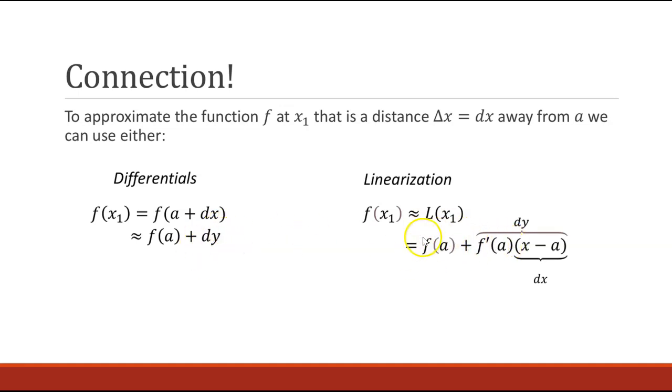Well, over here we have f of a plus this part here, which is technically dy. It's f prime of a times x minus a, and x minus a is the change in x, which is dx. So this piece of a linearization is really just the differential dy.